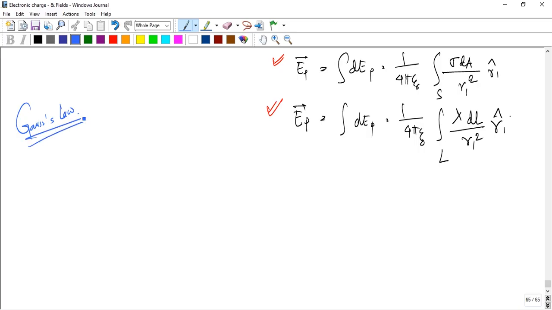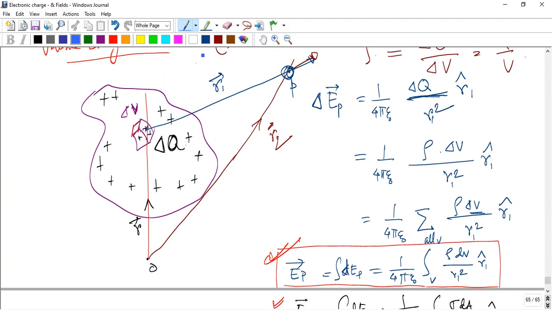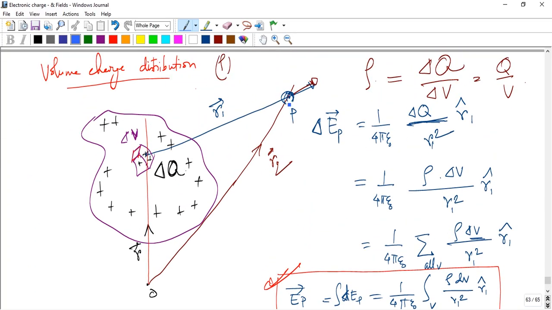What is Gauss's law and why is it very important? If you want to calculate the electric field at point P or any point, a very easy technique is to apply Gauss's law.